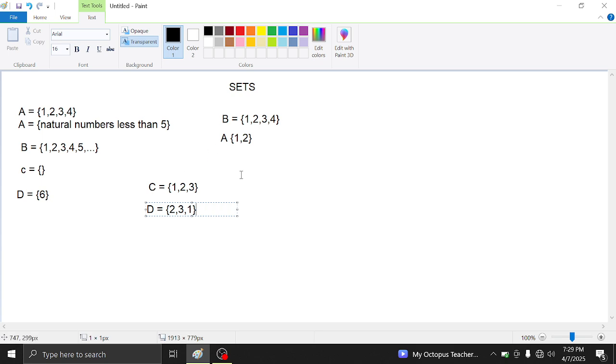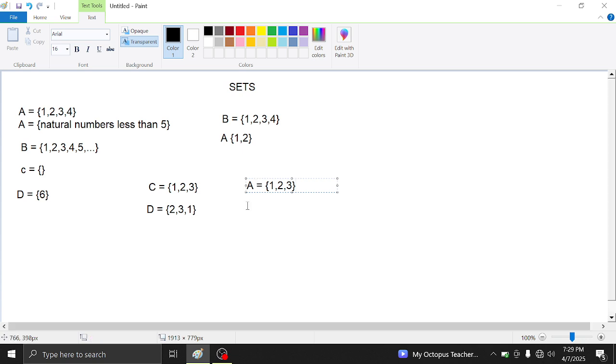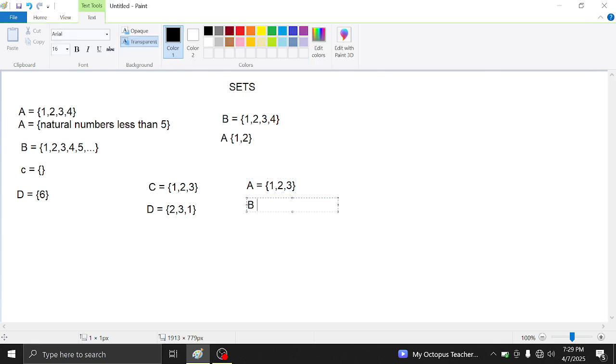Okay, so let's pick different sets. Let's say set A having members of 1, 2, 3, and then let's say set B having members of, let's say, 2, 1, E, the letter E. If your question is given as A and B are equal and you have to find E, E is going to be 3 because A and B are equal sets and we can find 1 at both sides, 2 at both sets.